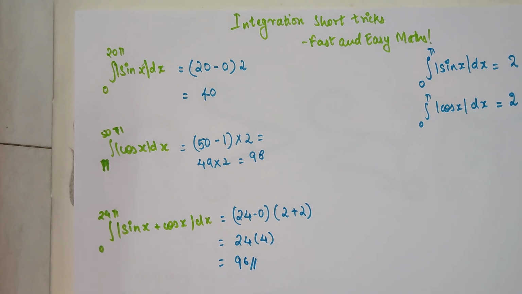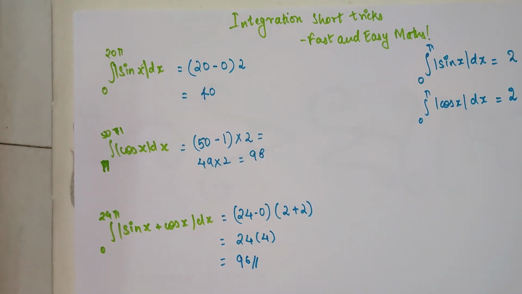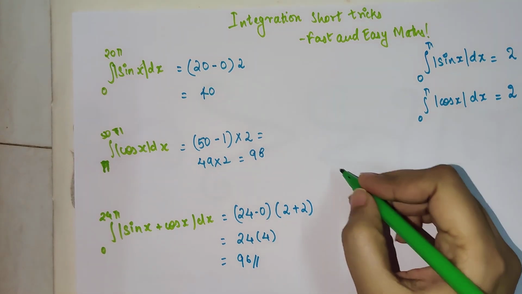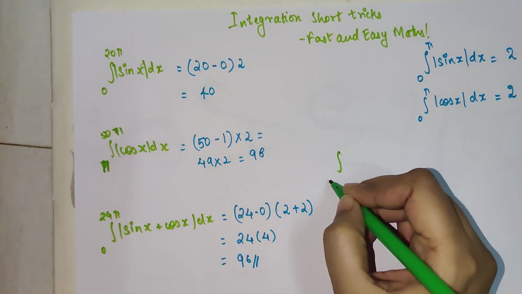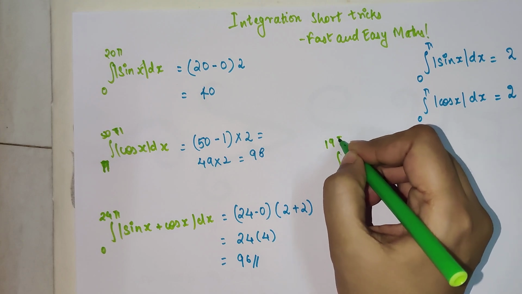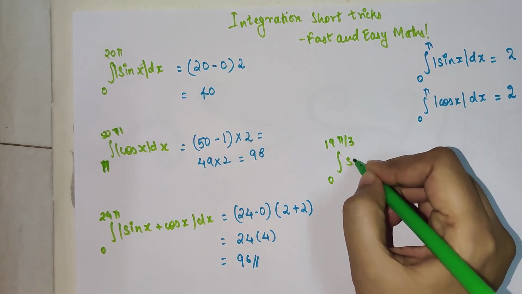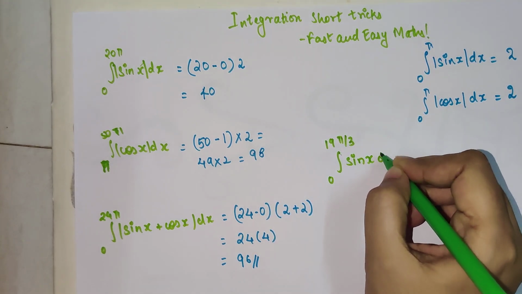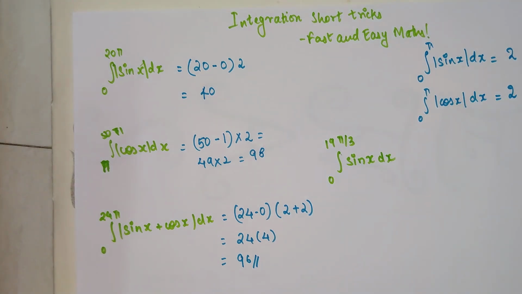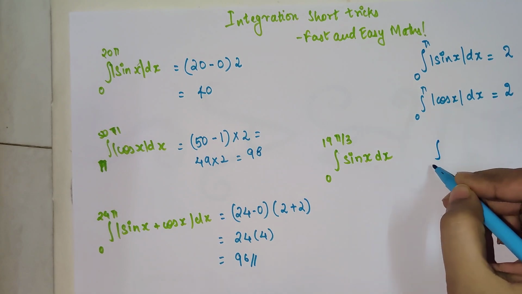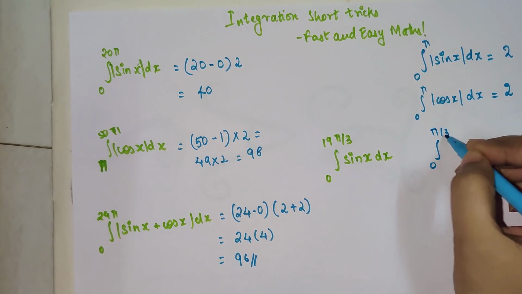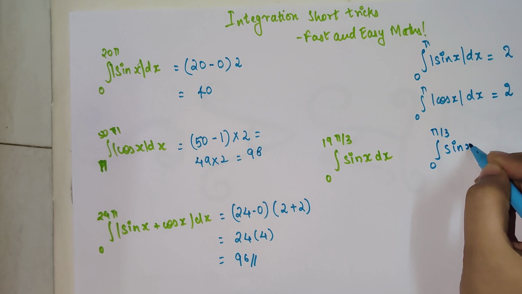Now let's look at what will be the answer for the integration of sin x dx from 0 to 19 pi by 3. So what we'll do first is try to find the answer for 0 to pi by 3 of sin x.